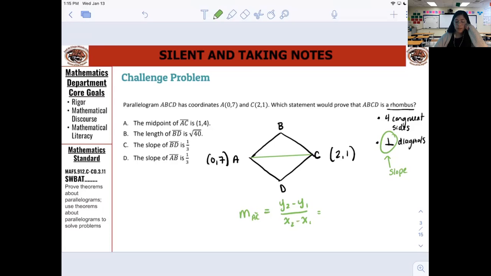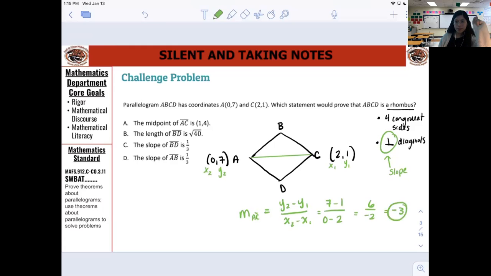So be very careful. If this is my y2, which one has to be my y1? Oh, 1. There you go. So this would be 7 minus 1 over 0 minus 2. So this would be 6 over negative 2, which is negative 3. Okay?